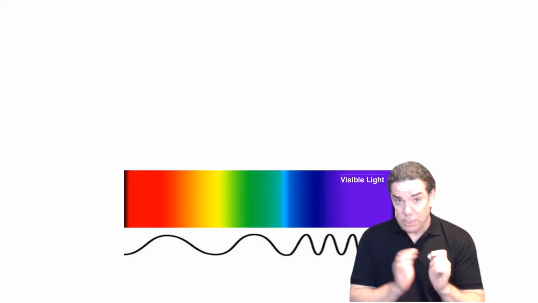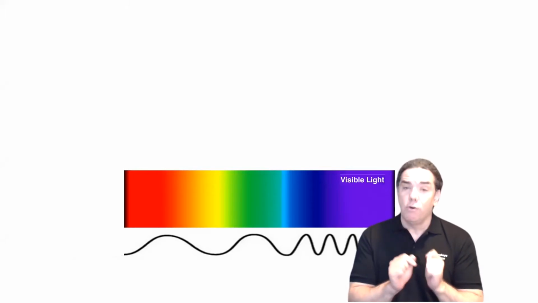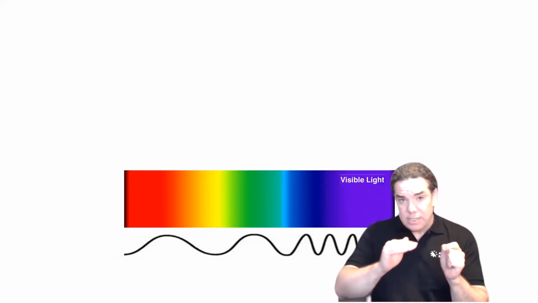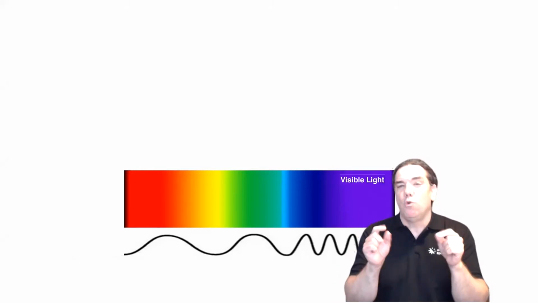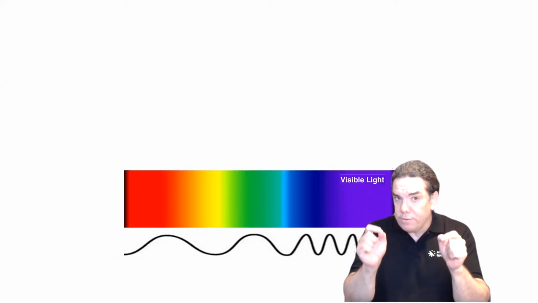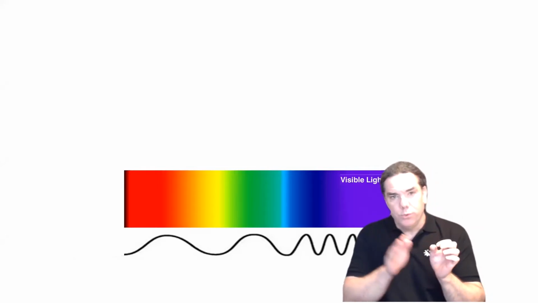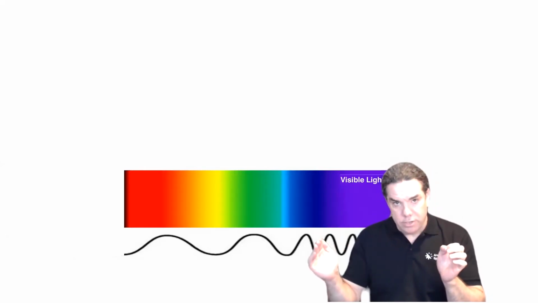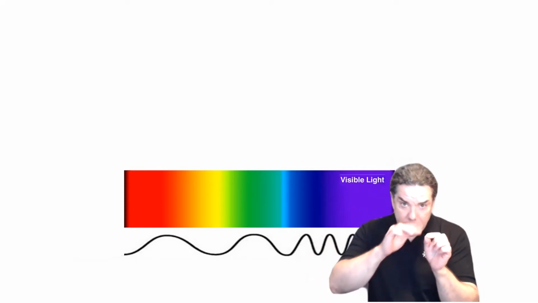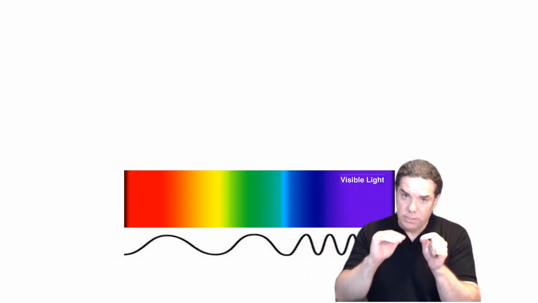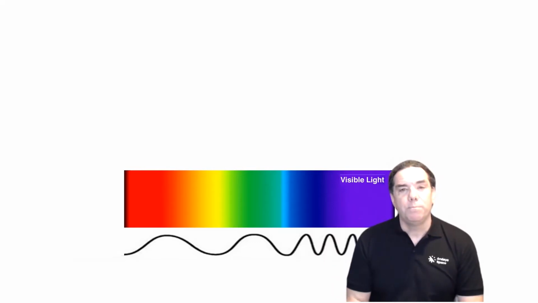For example, the reddish part of the optical light has a slightly longer distance. This is called wavelength, so it has a longer wavelength. While if we go to the other edge of the rainbow, the violet part has shorter distances between the peaks.